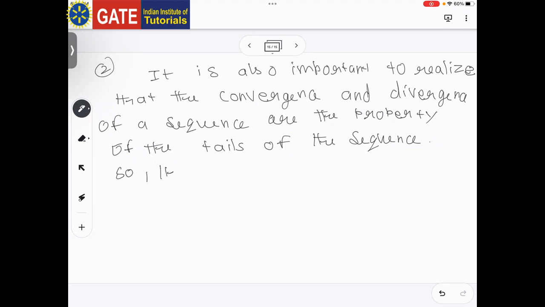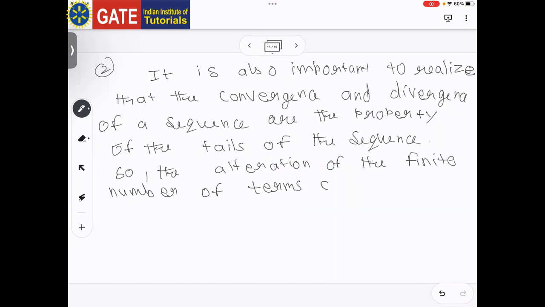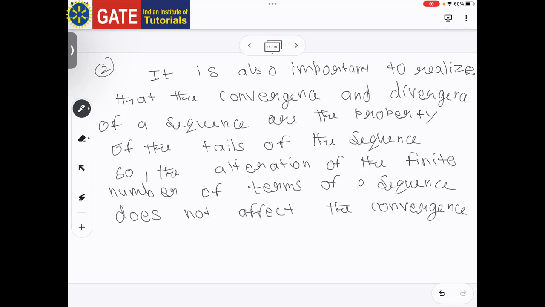So the alteration of a finite number of terms of a sequence does not affect the convergence or divergence of the sequence.